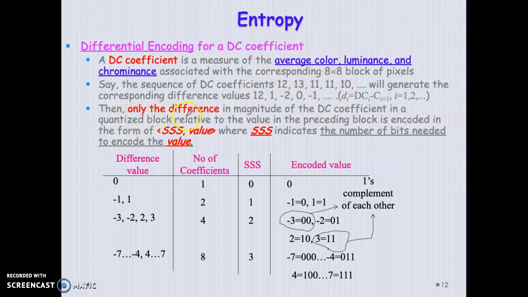Then only the difference in magnitude of the DC coefficient in a quantized block relative to the value in the preceding block is encoded, in the form of an SSS value. From these difference values, you will encode using SS and value, where SS indicates the number of bits needed to encode the value.